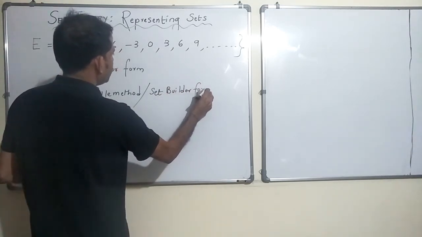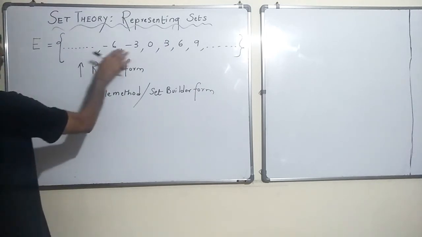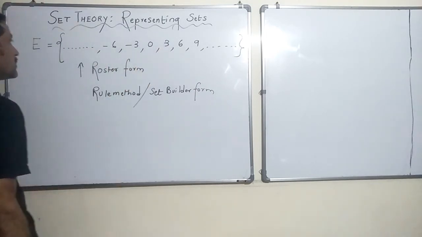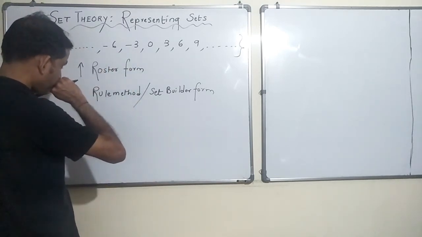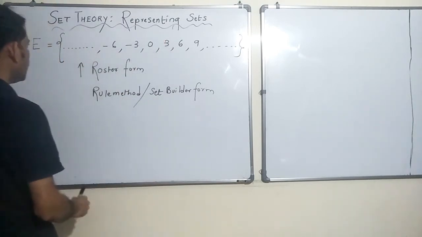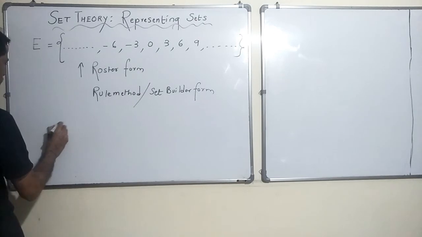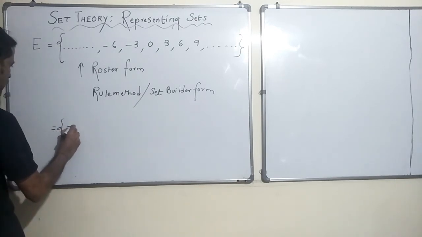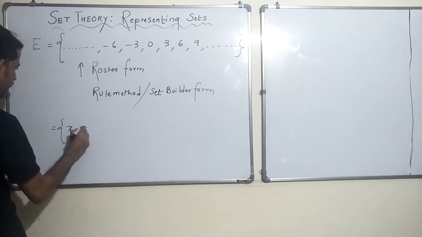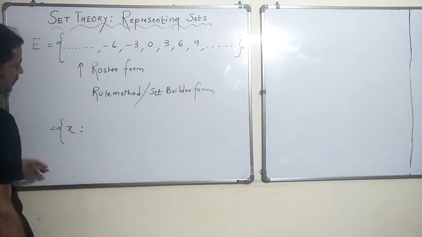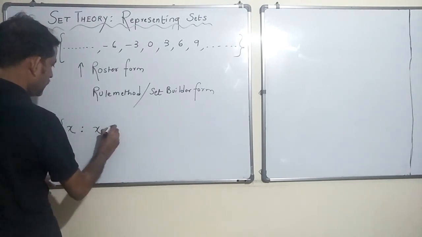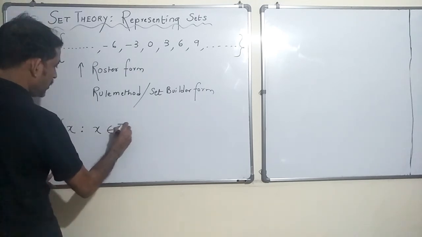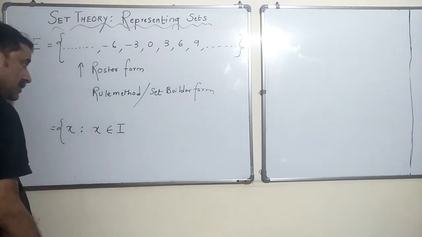Can we see that they are on both sides of the number line, so integers, and they differ by 3. Can I say E is a set of x, where x belongs to the set of integers?